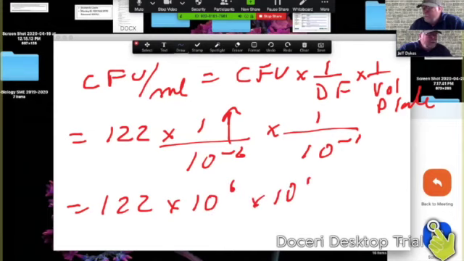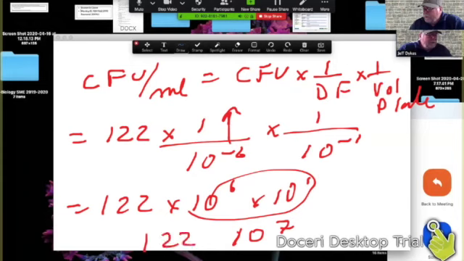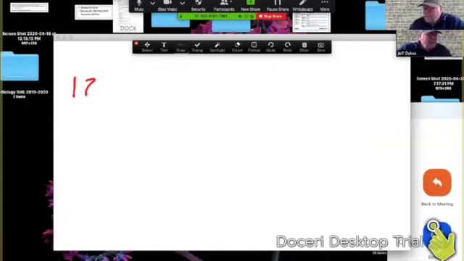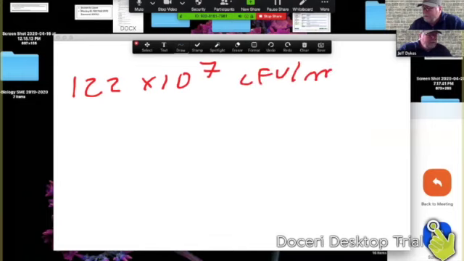And when we're multiplying exponents, we just add them. So this is going to be combined to be 10 to the 7th. Okay, so 122 times 10 to the 6th times 10 to the 1 is equal to 122 times 10 to the 7th. So 122 times 10 to the 7th CFUs per milliliter from that equation.